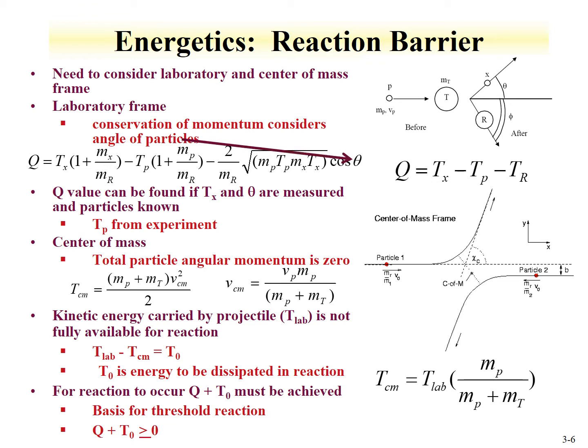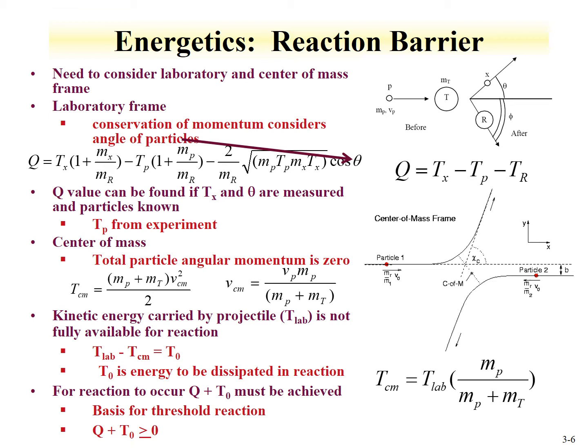And this allows us to evaluate the reaction if we know product information such as the angle in which one of the products come out of the reaction and its energy. We can find the Q value if that angle and the kinetic energy of X are measured and particles known.